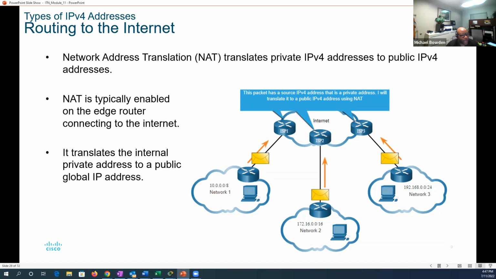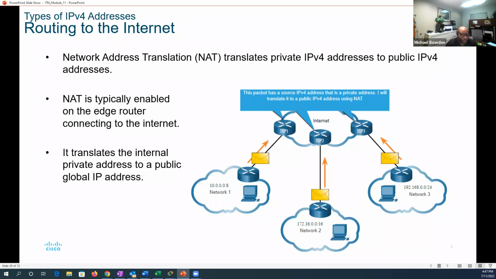I got a message from Time Warner, and the message had my outside address and showed where they had caught me downloading the movie. They were able to take that outside address and translate it to my inside address, which went directly to my house. That just shows how NAT translates private to public.